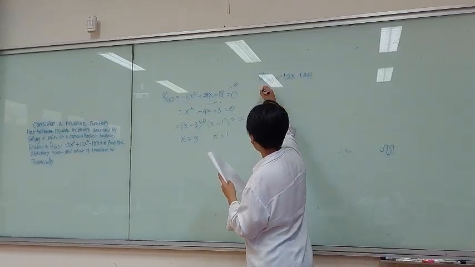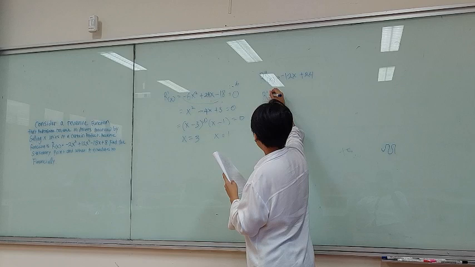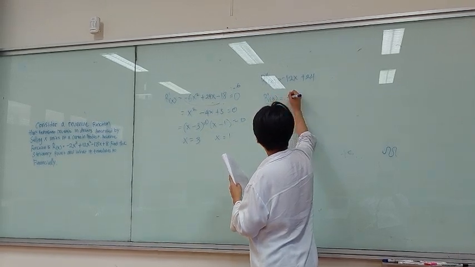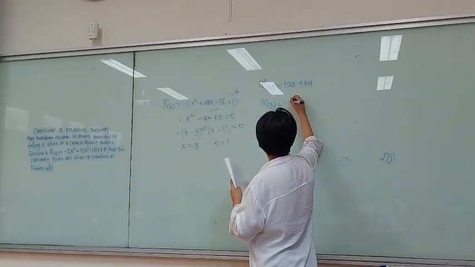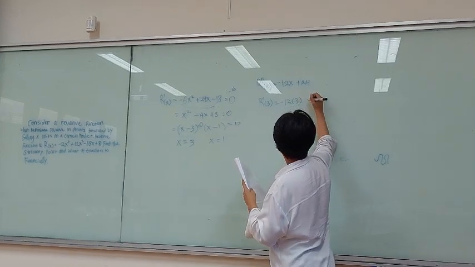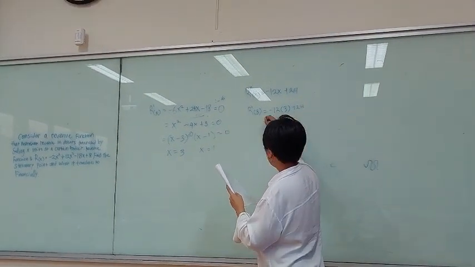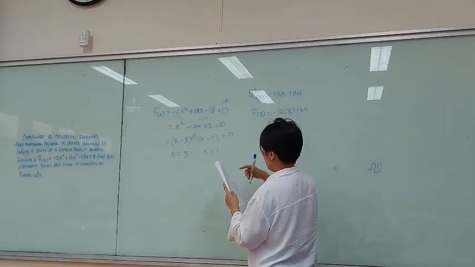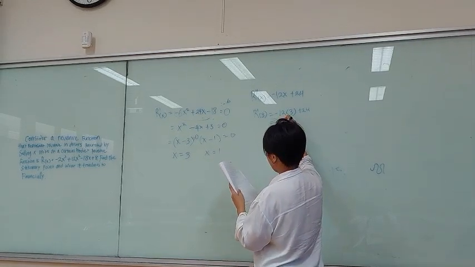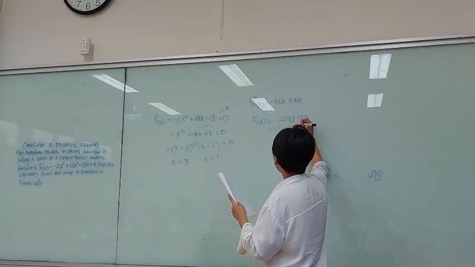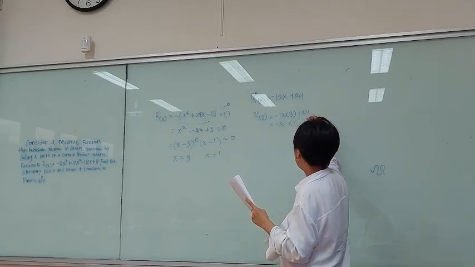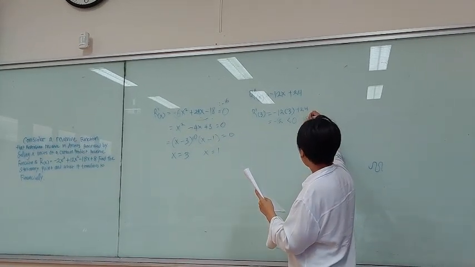For example, we try to use 3: -12 times 3 plus 24 would equal -12, which is less than 0, so it is a maximum.